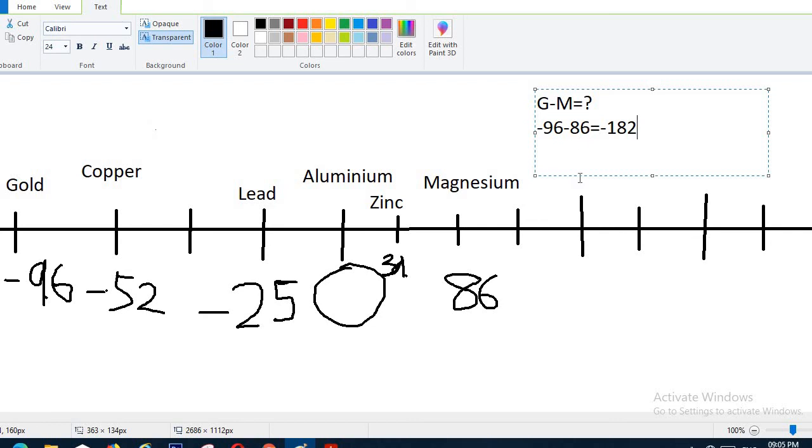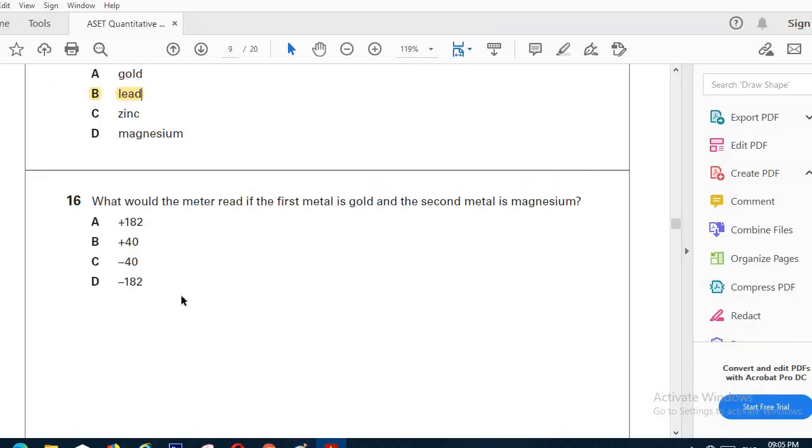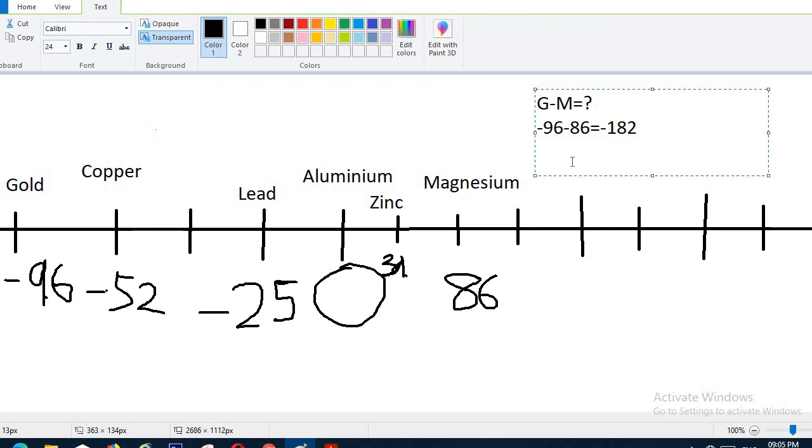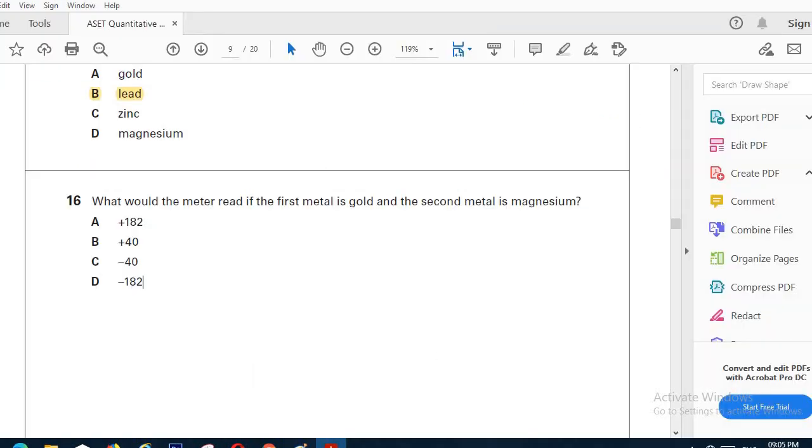So let's see if we have this option in here. So negative 182 when the first metal is gold and the second metal is magnesium. So minus 182 will be our answer.